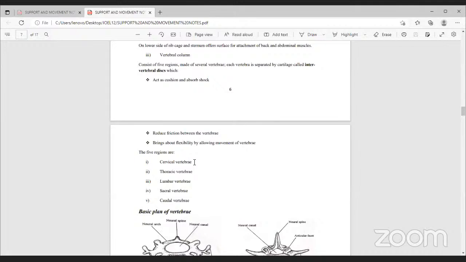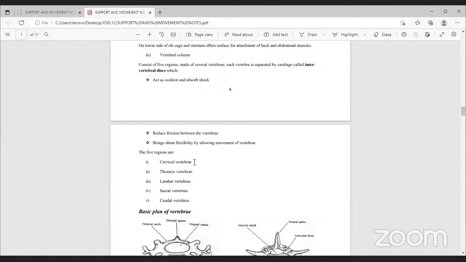For example, when we talk about the thoracic vertebrae, the 12 of them have the same appearance. All of them appear the same. So we are going to look at the general appearance. How is it different from the others? The adaptations, the functions, how it is shaped, etc.